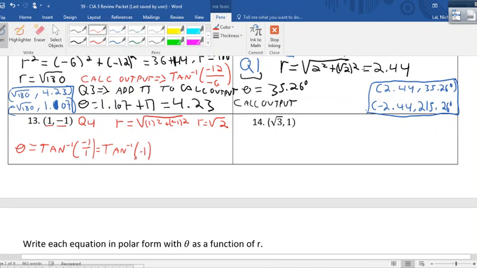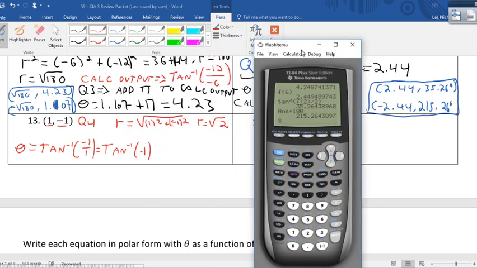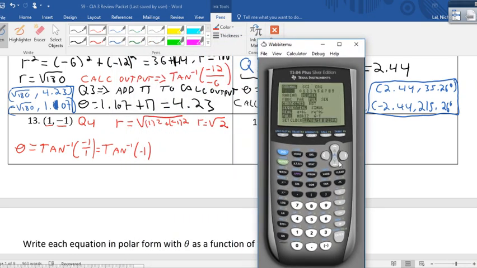The inverse tangent of negative 1 comes from the unit circle, or you could do it in your calculator in radian mode. You find the inverse tangent of negative 1, which should be negative pi over 4.